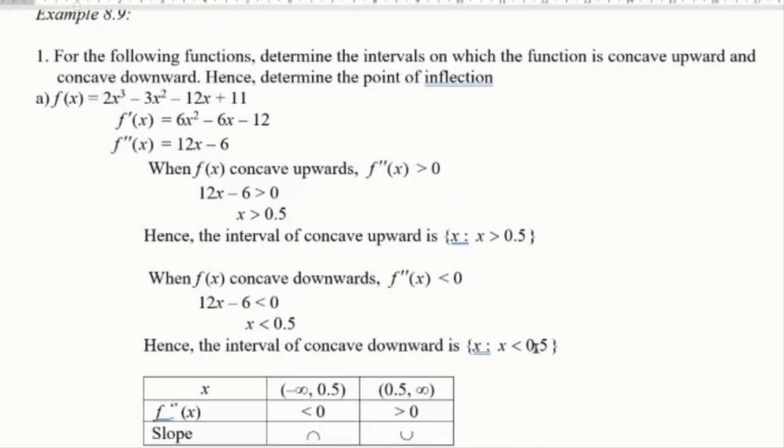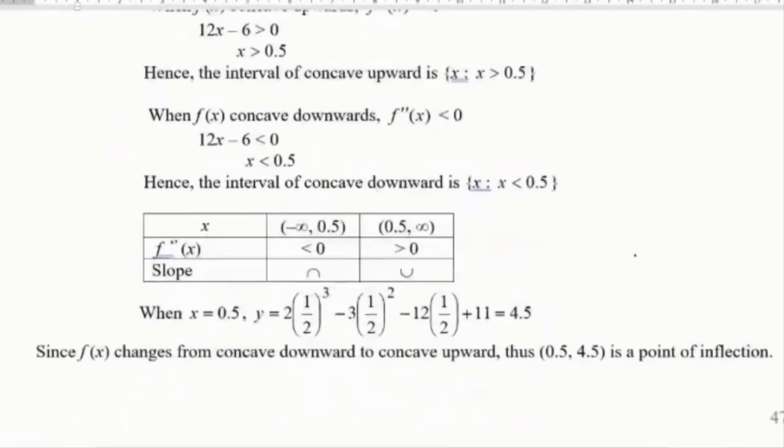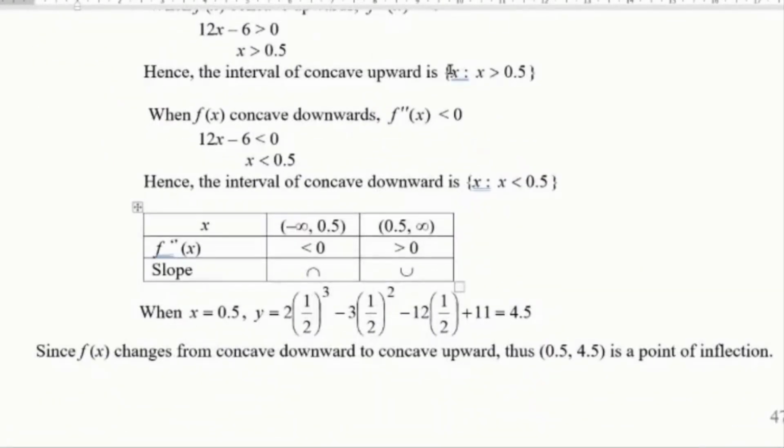Then hence means you are going to use this interval to determine the point of inflection. So you arrange it like just now. Okay, the first interval is this one. Please do not use 0.5 up to infinity on the left hand side. You follow the number line. Okay, then after that you compare the slope of the double prime.